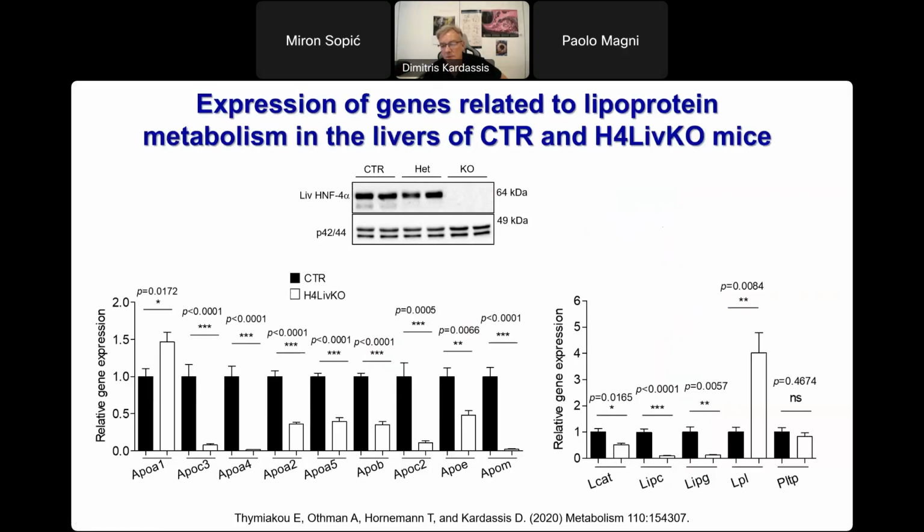Just to make a long story short, I will not go through any details. All I want to show you is that using appropriate tools and techniques, such as the generation of the conditional knockout model, real-time PCR, and transcriptomics, you can answer questions related to the effect of altered expression of a gene in a disease, on a global scale, not on a gene-specific scale.